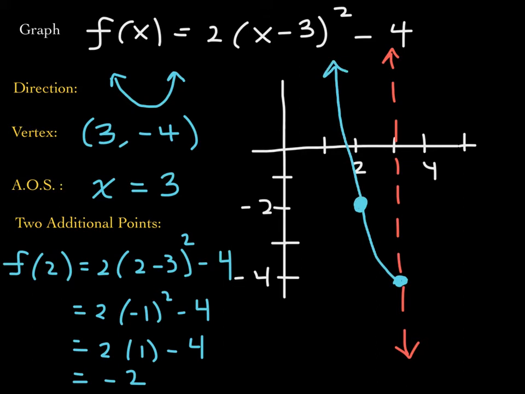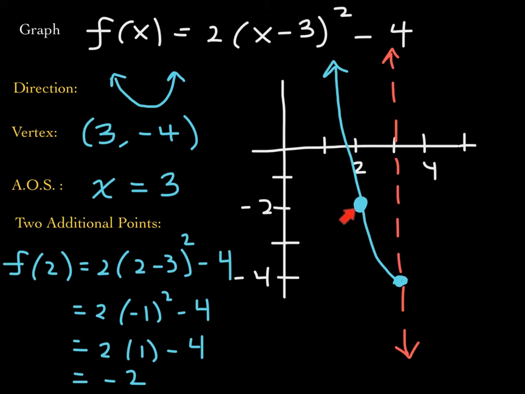Now, the next point that I want you to get, because I want you to generate 2 additional points, I don't want you to plug in anything for the second point. I want you to take advantage of the symmetry. Because of this line of symmetry, the axis of symmetry, what you see on the left side must mirror what you see on the right. So watch this.